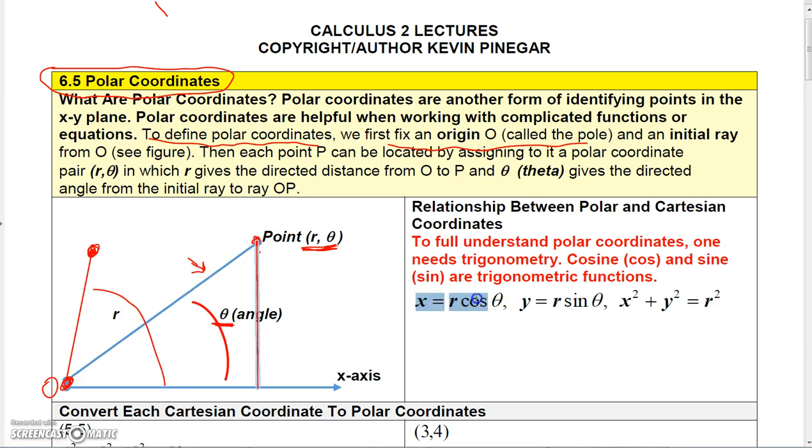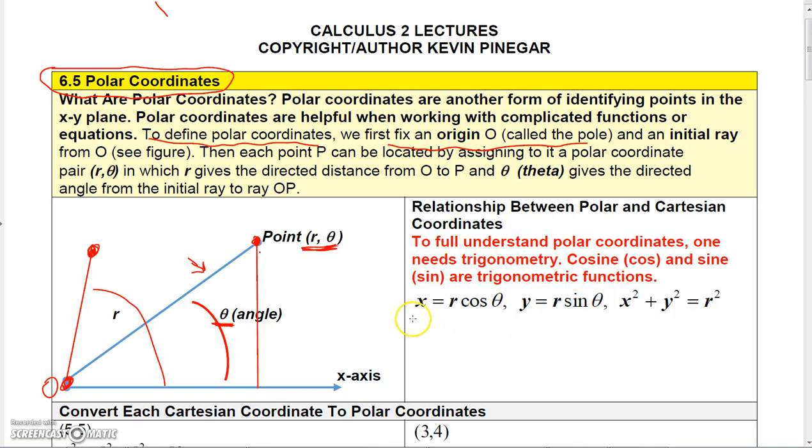So that gives us x. And then the y distance to this point would simply be the hypotenuse, which again is r, times sine theta. And so that gives me y. And then, of course, using the Pythagorean theorem, we know that x squared plus y squared equals r squared. So that gives us another equation.